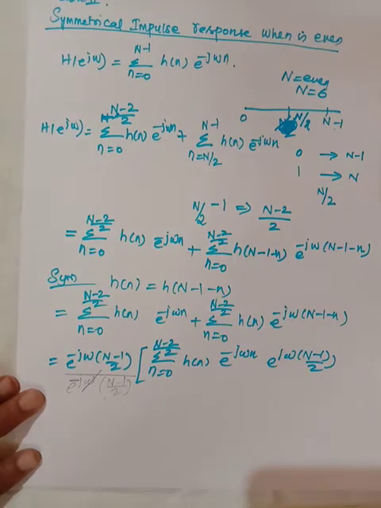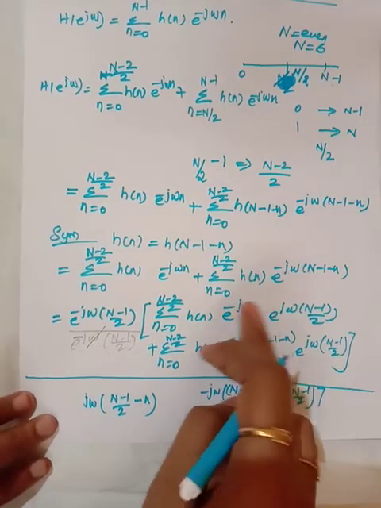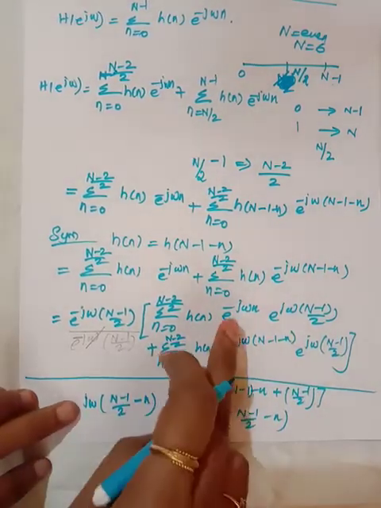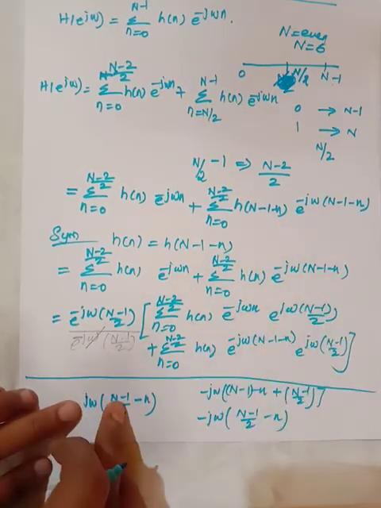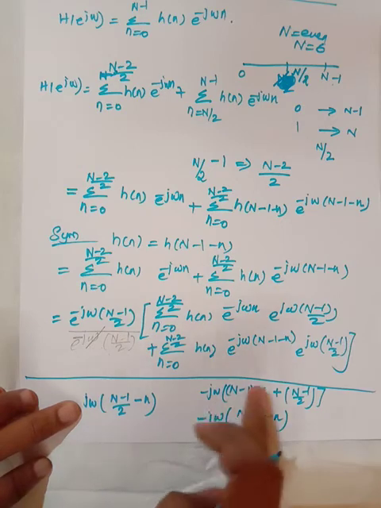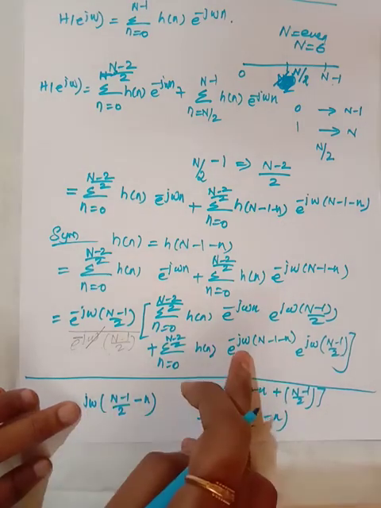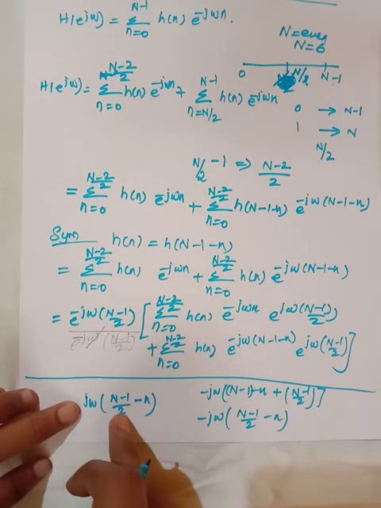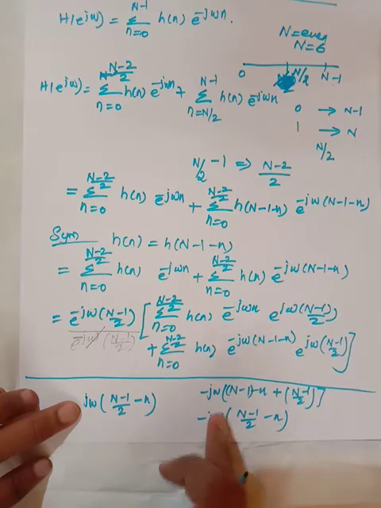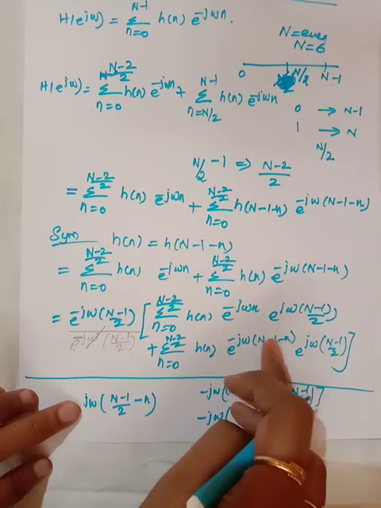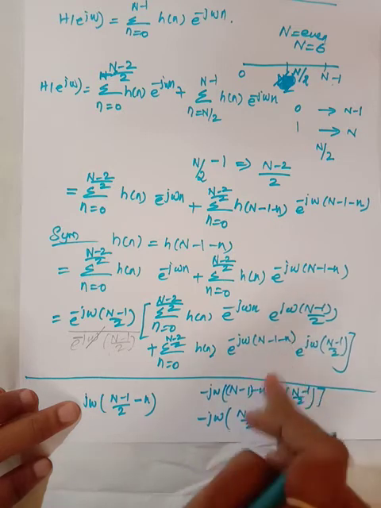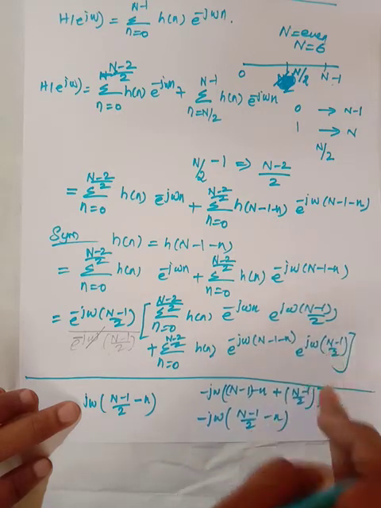Now we need to combine these two steps. I have taken e power j omega outside, so with n minus 1 by 2 minus n as the coefficient, you will get e power j omega n minus 1 by 2 minus n. Here I am taking minus j omega outside, so n minus 1 minus n, you will get plus n minus 1 by 2.